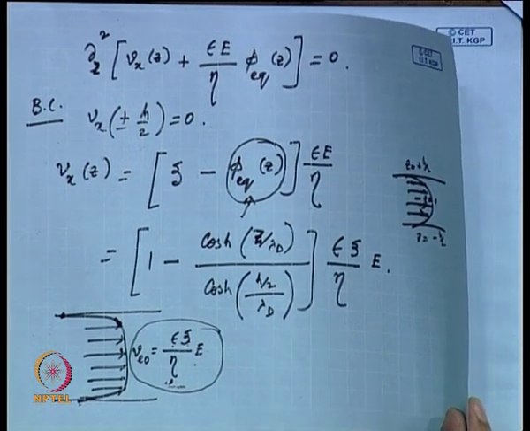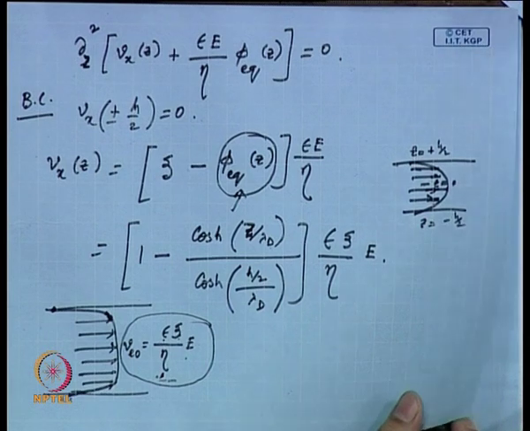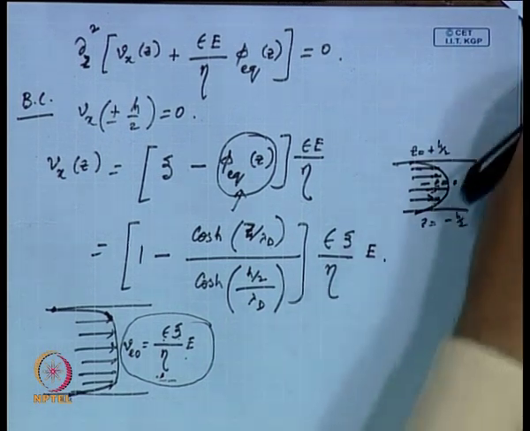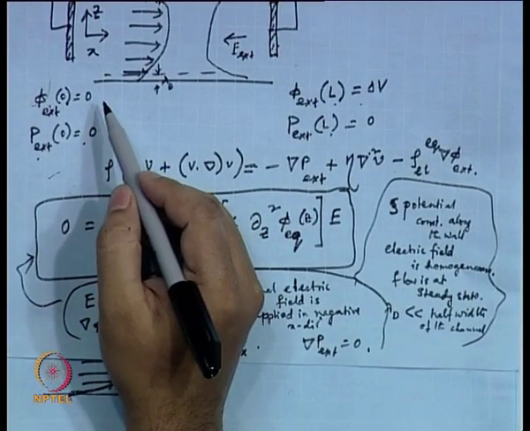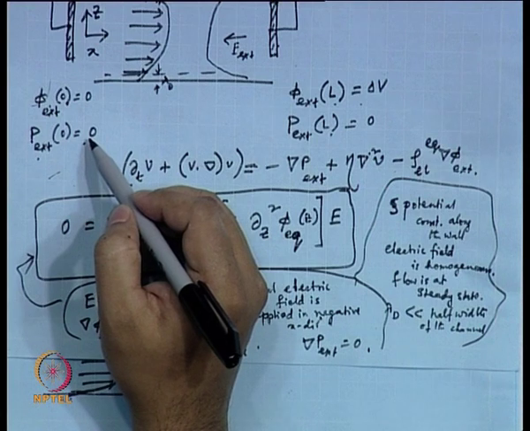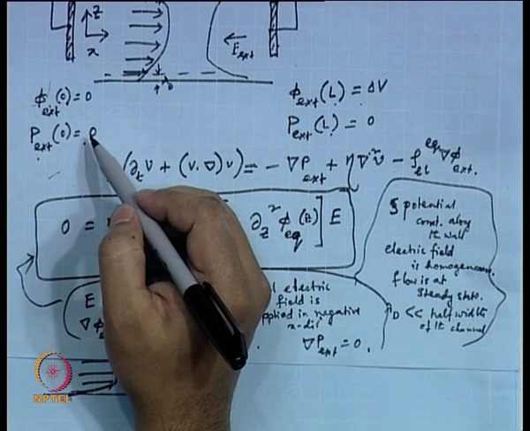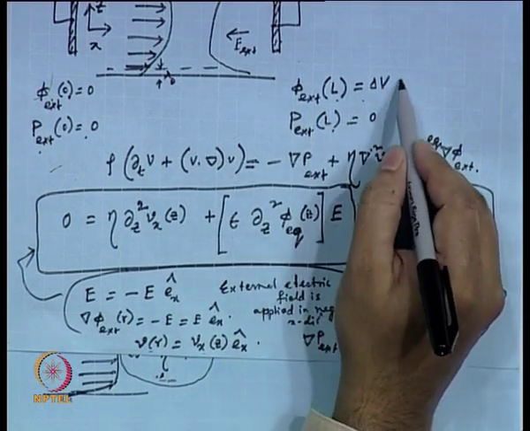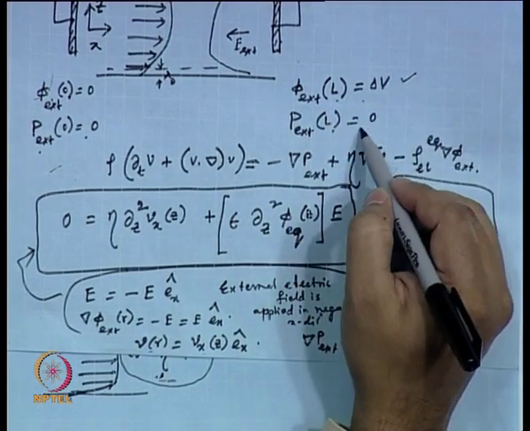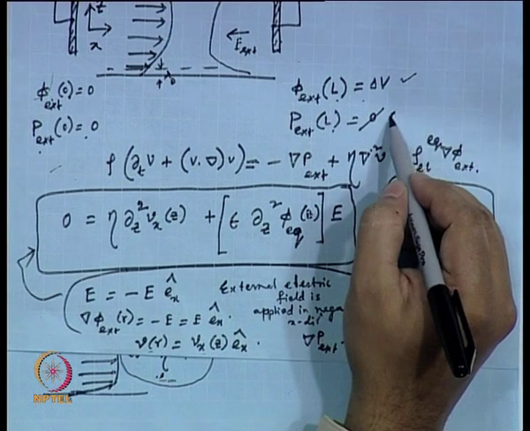Now, the issue here is that we have assumed, as I said, phi external is equal to 0, p external is equal to 0. Now, what we will do is, this is delta v, this is fine. Here instead of 0, we would put this as delta p.